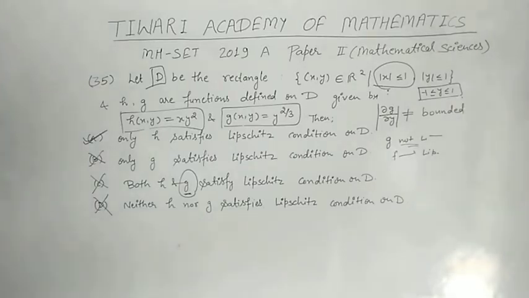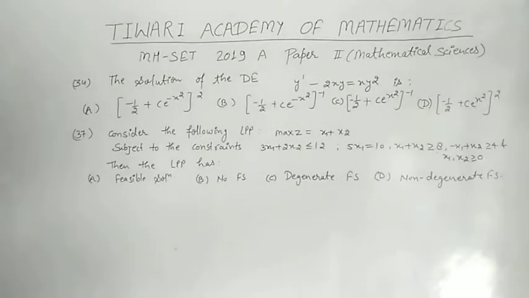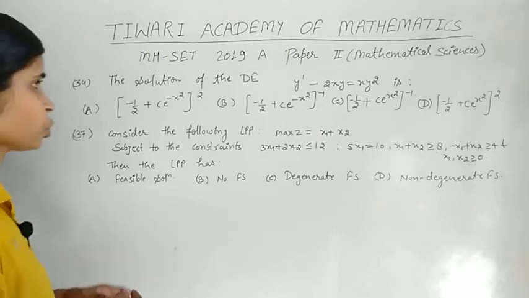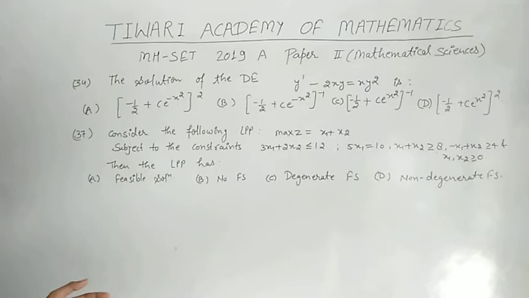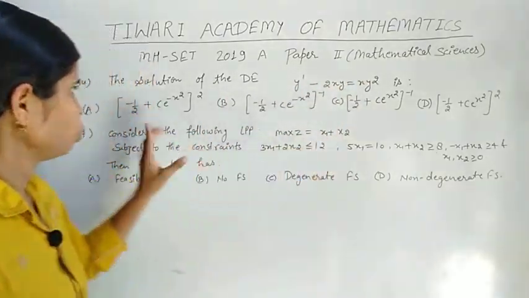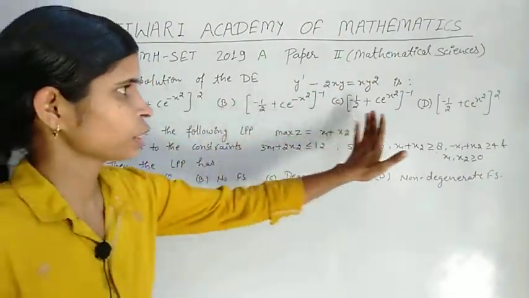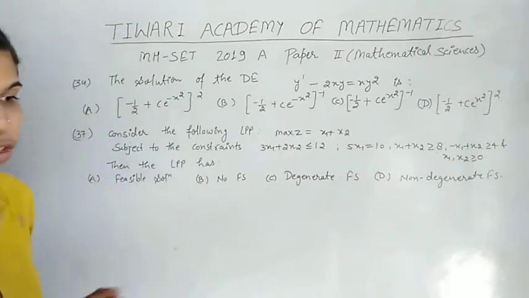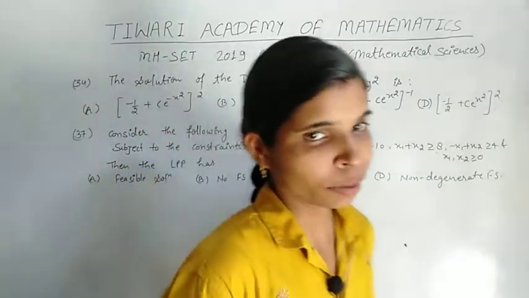Next question, question number 34. Question number 34 is taken from differential equations. The solution of the differential equation, options A, B, C, D are given. This question is solved by the hit and trial method.